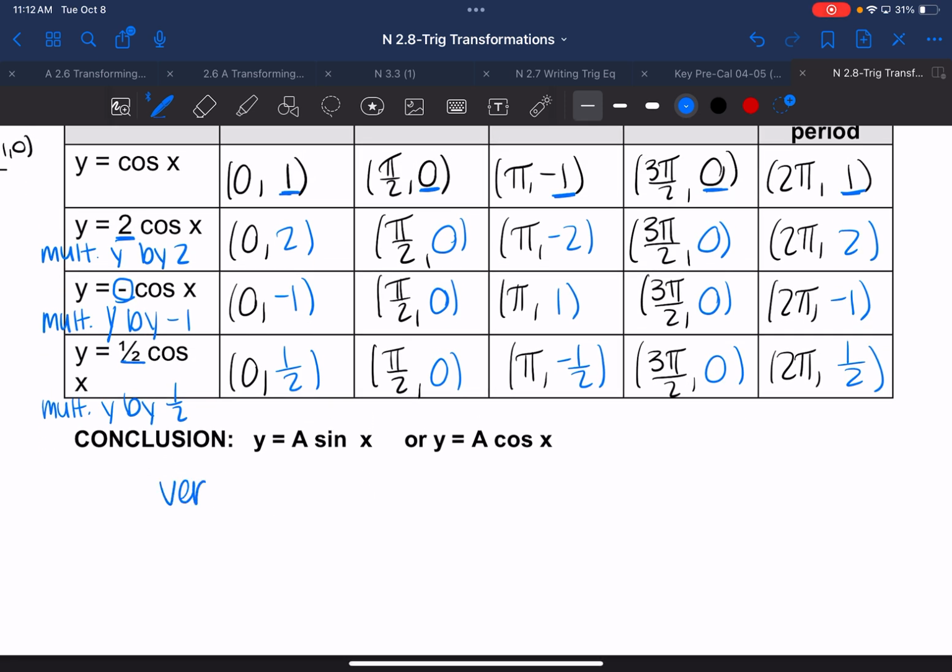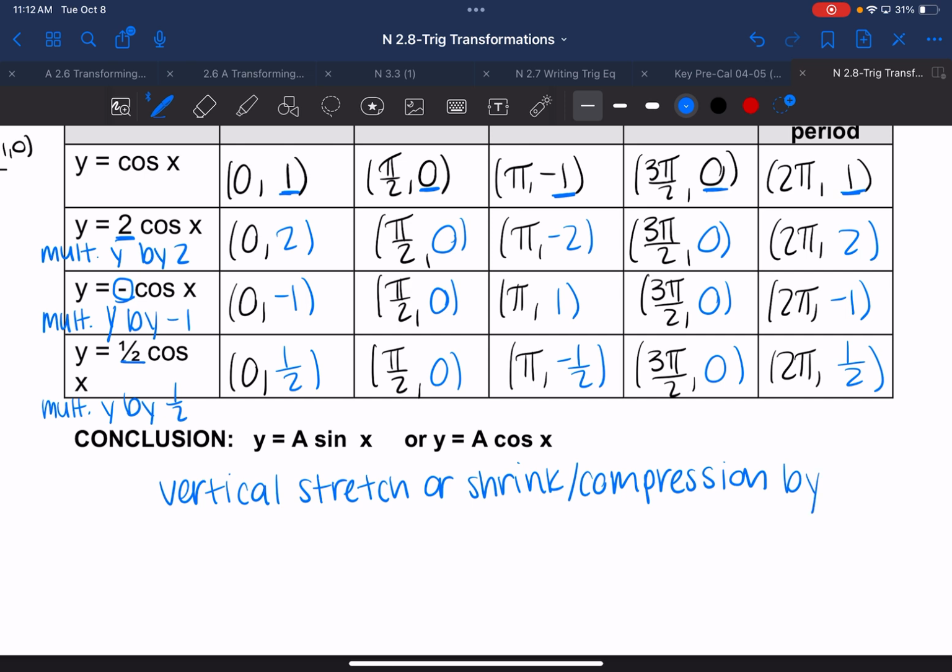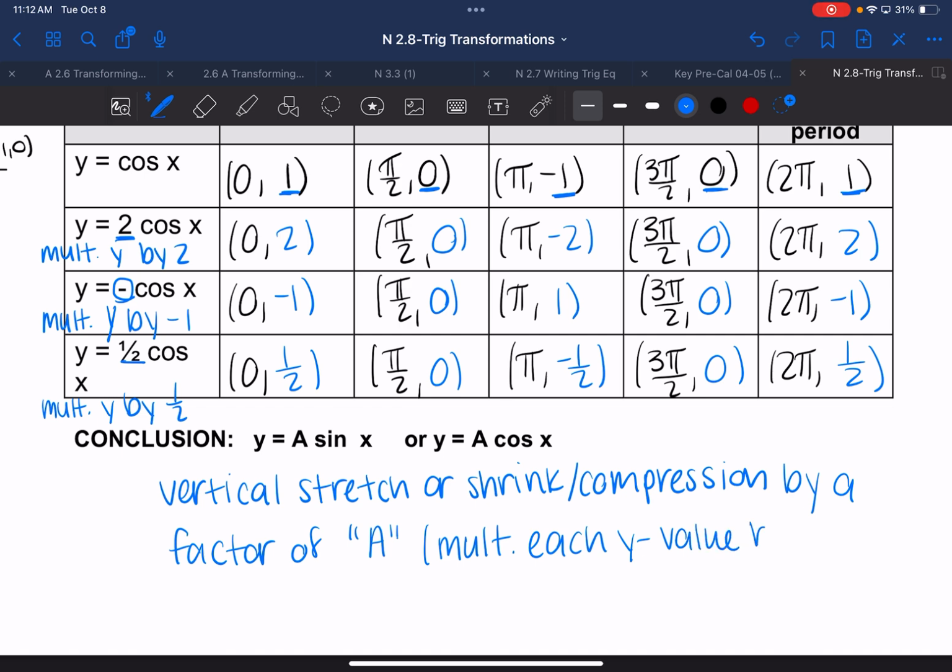That if we have a vertical stretch or shrink, and remember shrink can be used interchangeably with the word compression, by a factor of a, what this really means that we're doing is multiplying each y value by a.